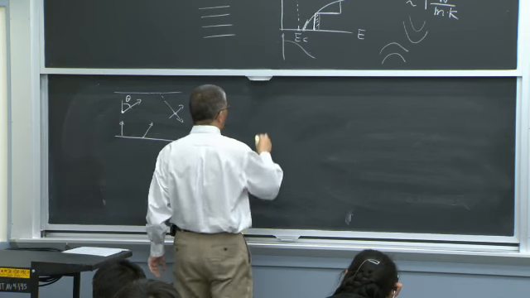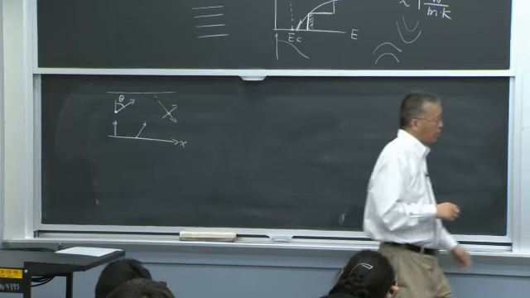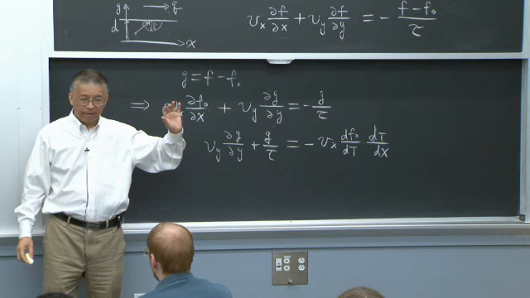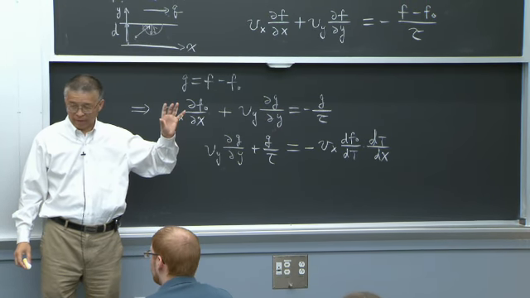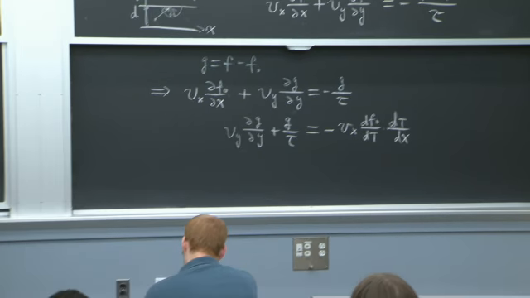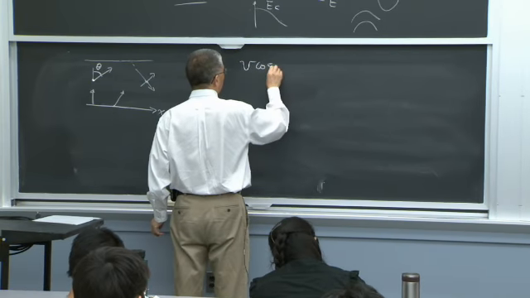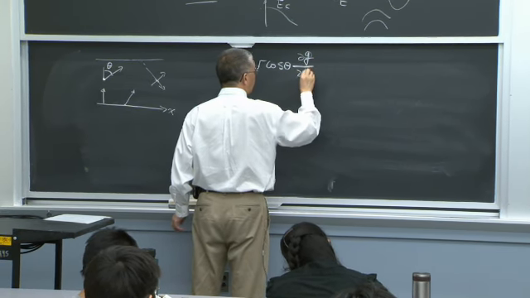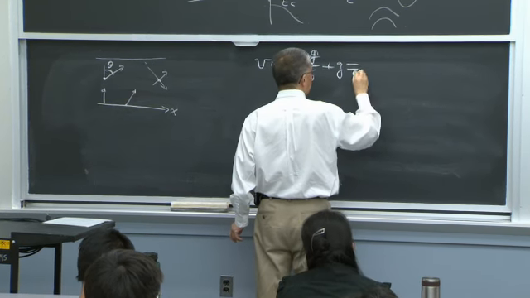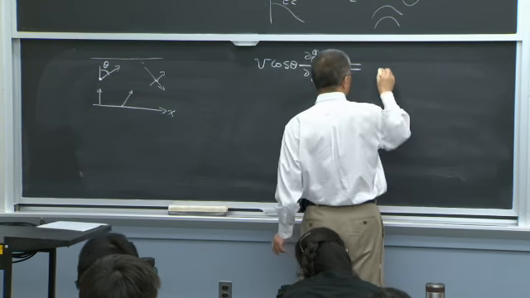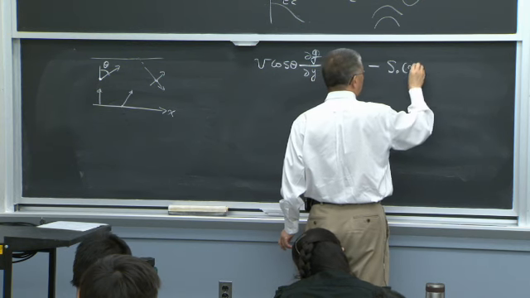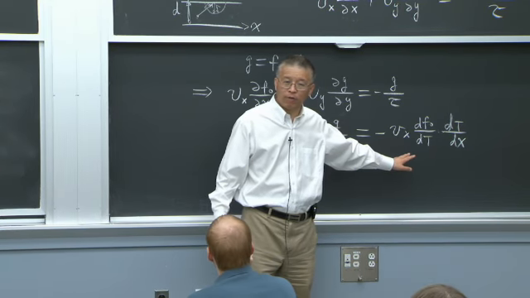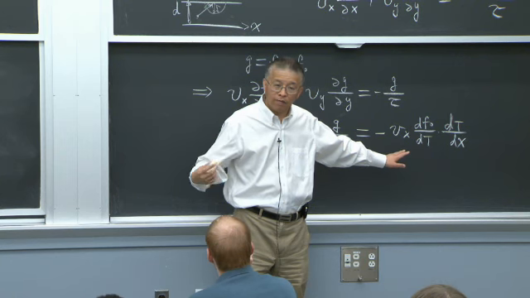So with that, in this case, I assume V is isotropic. Real crystals are not isotropic, but I assume V is isotropic, so I have V cosine theta, that's Vy, dg/dy plus g equals the right-hand side, which is a term that depends only on x. Vx I have to be careful, it depends on theta and phi, but doesn't depend on y.